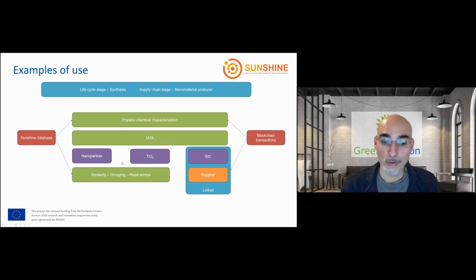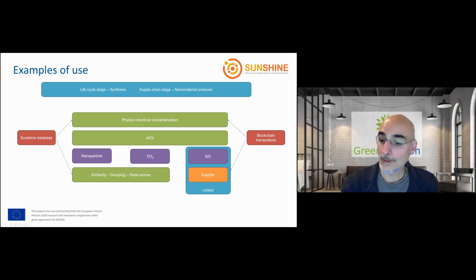So they produce the nanoparticle and they also produce the TiO2 component, but they are purchasing the SiC part. So this part comes from a supplier. This means that they can ask the supplier to log into the system, create their product that is only SiC, and then link this product.